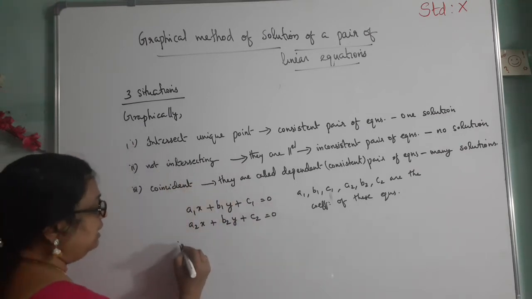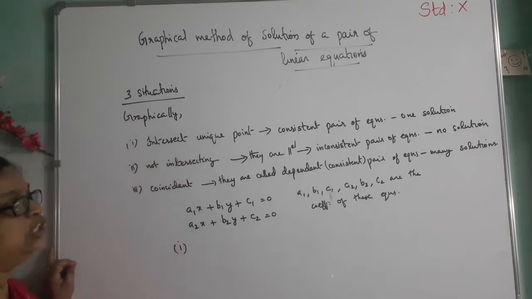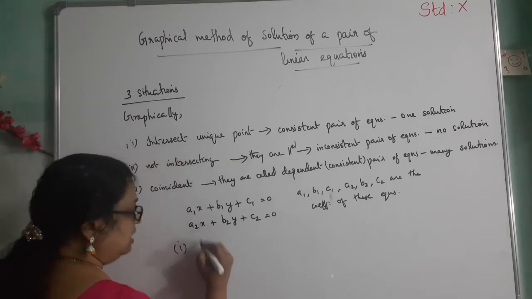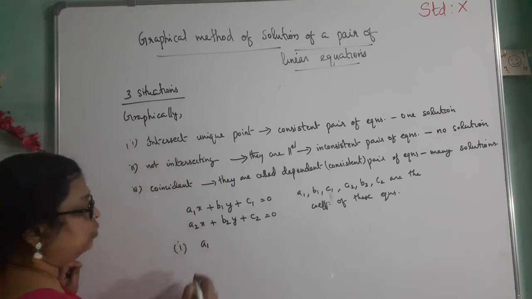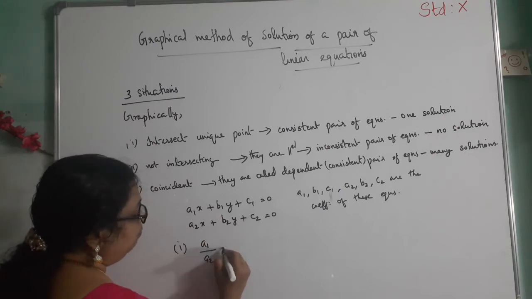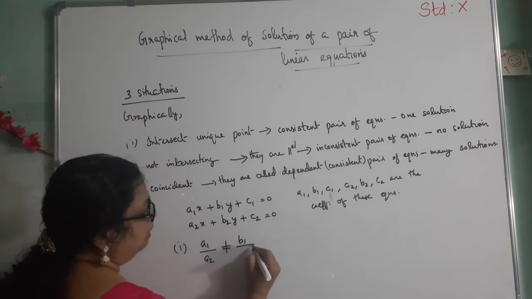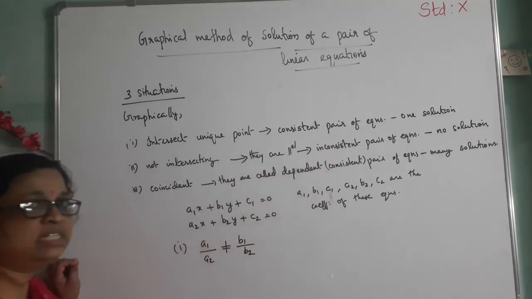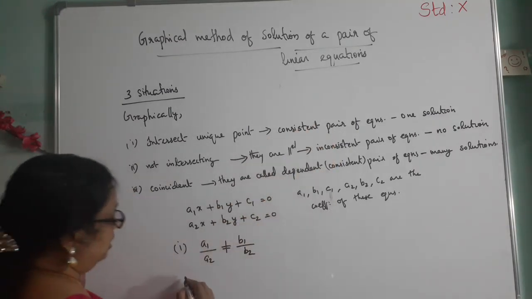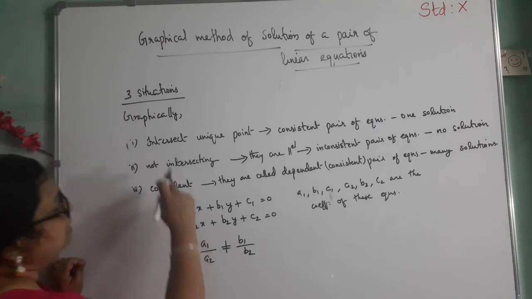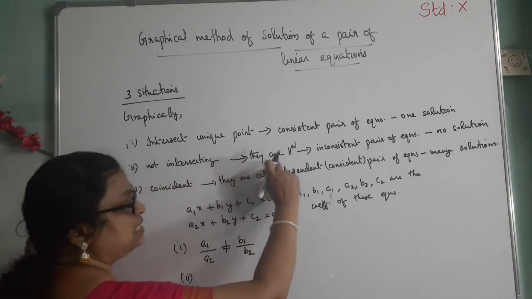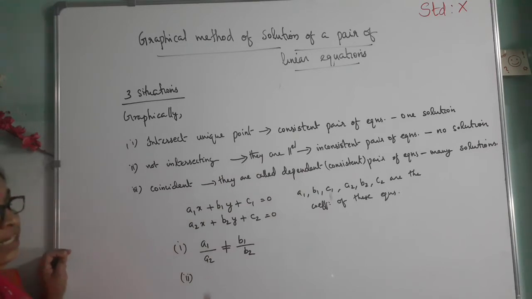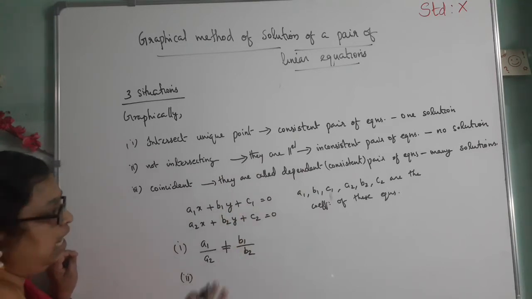So in the condition where they intersect at a unique point, comparing these coefficients we get a1 by a2 not equal to b1 by b2. In this condition they are a consistent pair of equations and they have only one solution. The second case, not intersecting, means they are parallel, an inconsistent pair of equations, and they have no solution.